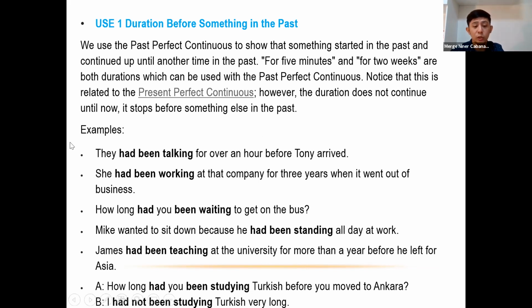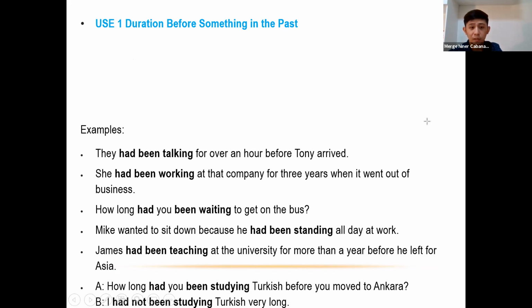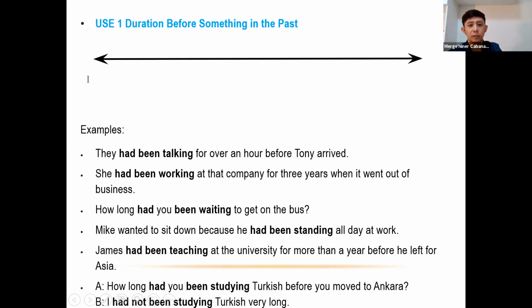I am going to draw another timeline here. Okay, I'm going to draw another timeline so that you can understand this much easier. Okay, so this is where I'm going to draw. All right. Okay, so here is my arrow. Here's your past.